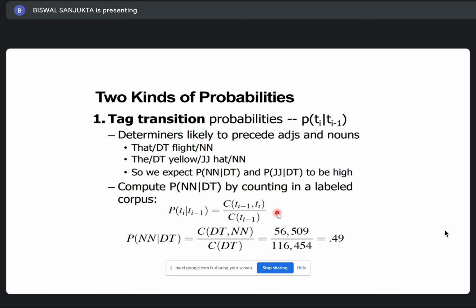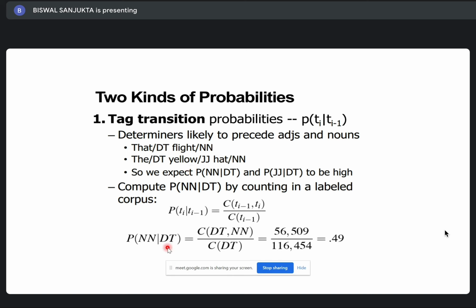So we are basically interested to find out the probability. If you see, they have already labeled it: that is a determiner, then flight is a noun. They have already done the labeling. And something is asked: you need to find the POS tagging for a particular sentence, and how will you find it?